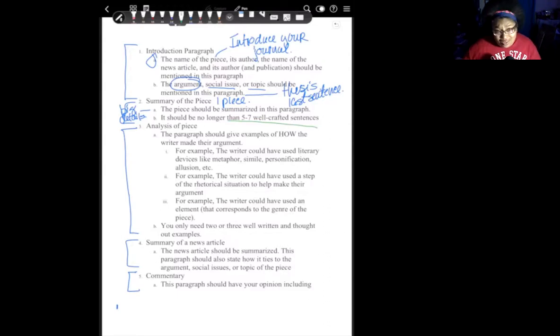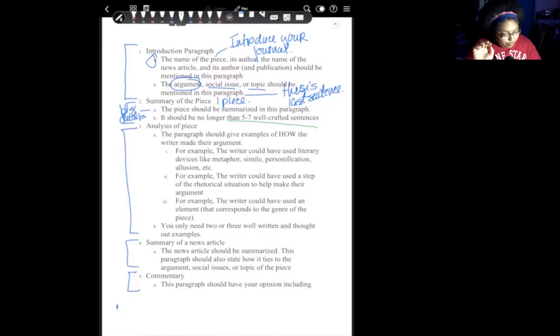So it always starts with the analysis of the piece. And when you've done the full analysis, right? You've done the entire steps of the 5-step rhetorical situation. You did the elements of whatever, depending on what you're reading. Then you're going to pick what you're going to write about.